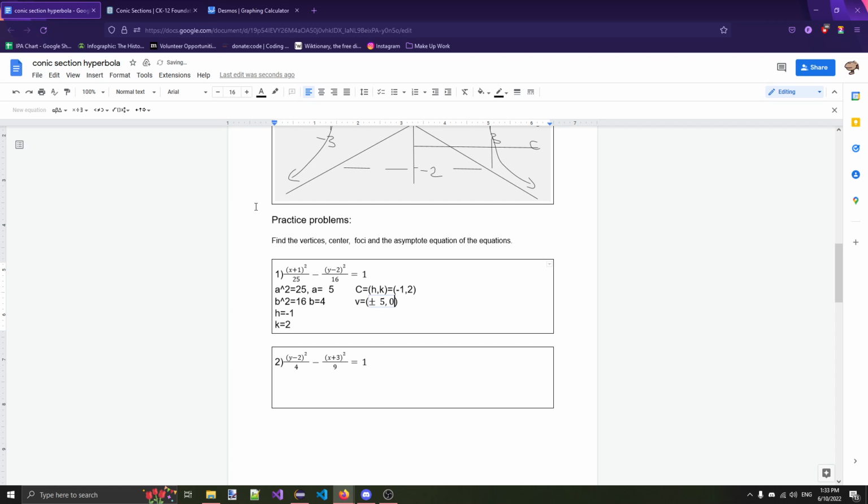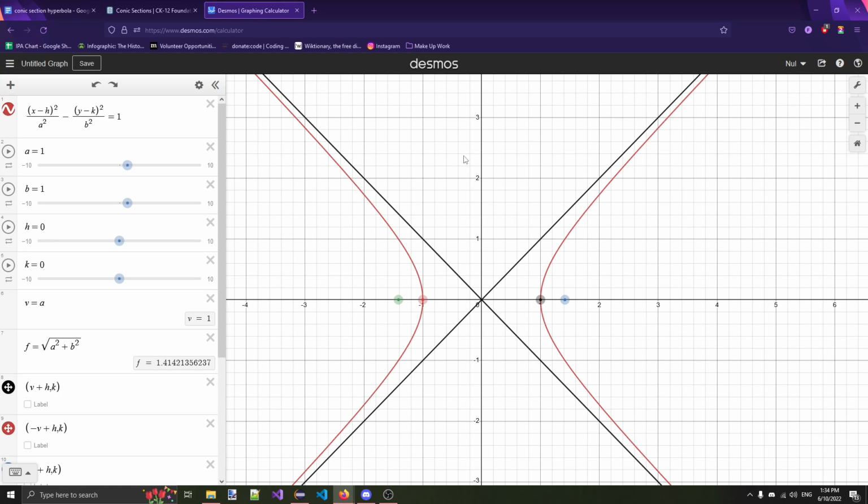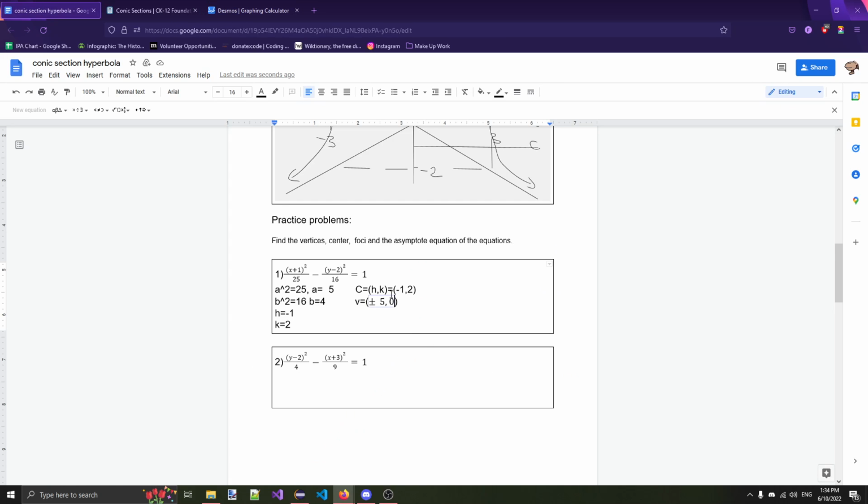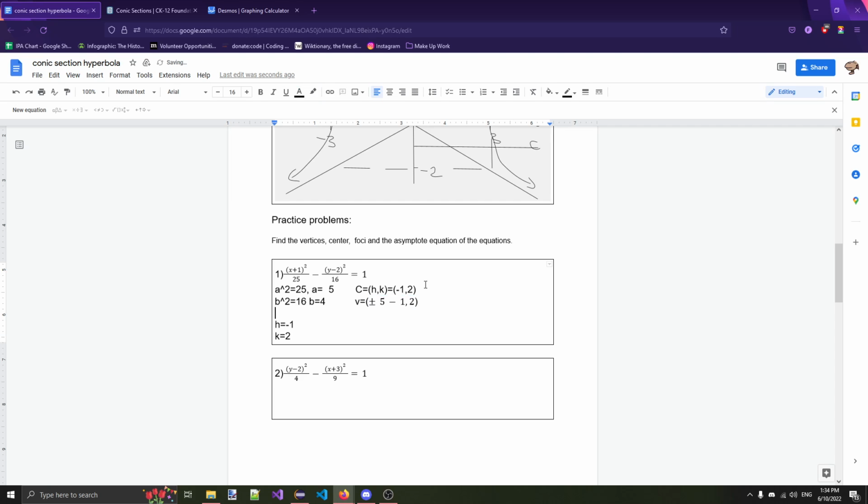No, wrong. Incorrect. If you thought that was right, you were wrong. Because what are we forgetting? That's right. You need to add h and k, because otherwise it'll just be floating off to the side. Remember that? So, we gotta add h to this side, which, let me tell you, that's -1, so we can just do that. And k to this side, there's 0, so it's just k. Now that's our vertices.